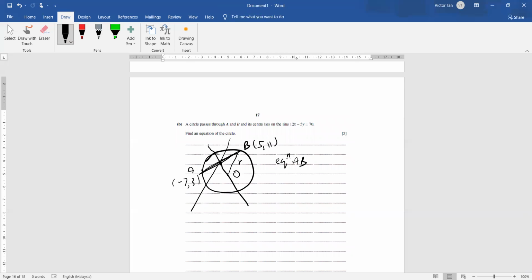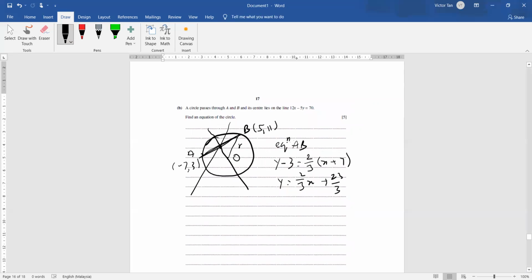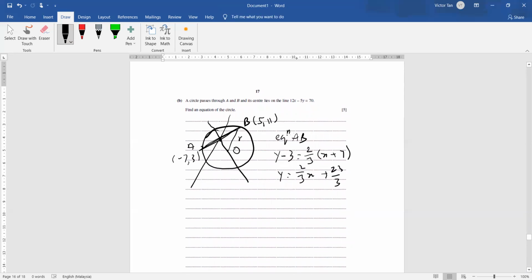Okay, equation of AB is y minus 3 equals 2 over 3 x minus 7, which is plus 7, so 2 over 3 x plus 14 over 3 plus 23 over 3. Okay, now substituting this into the equation.